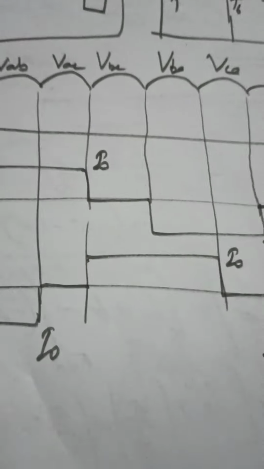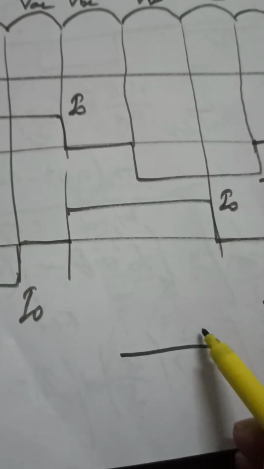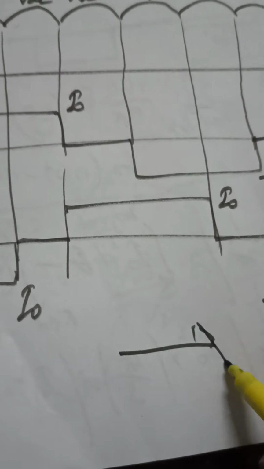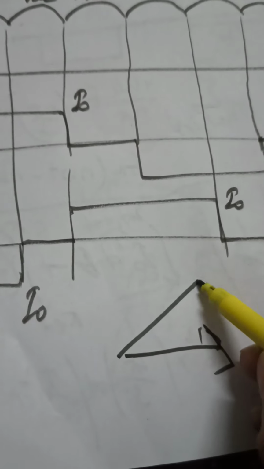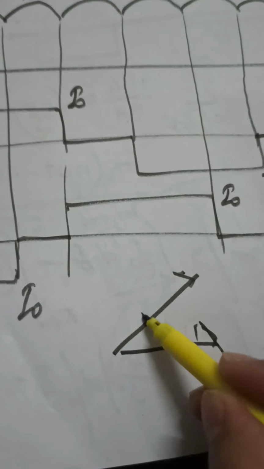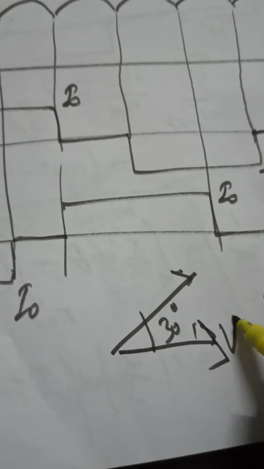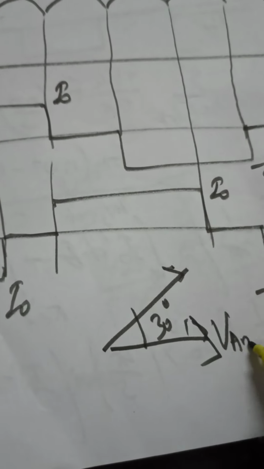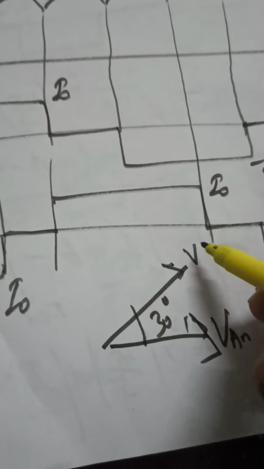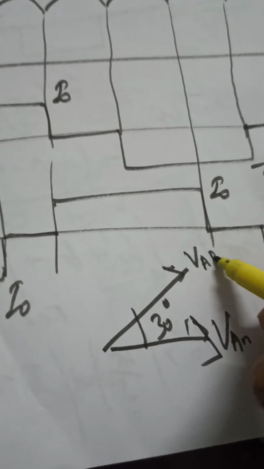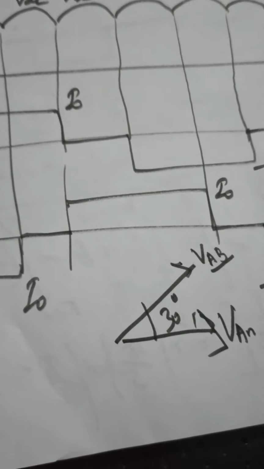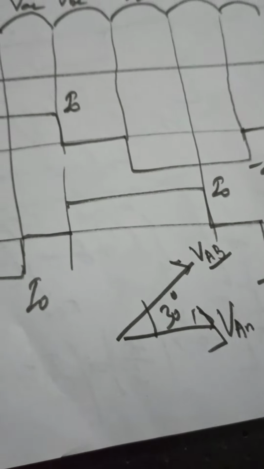Because we all know, have a look at this, if this is your phase voltage, this is going to be the line voltage, 30 degrees, so it is leading by 30 degrees.